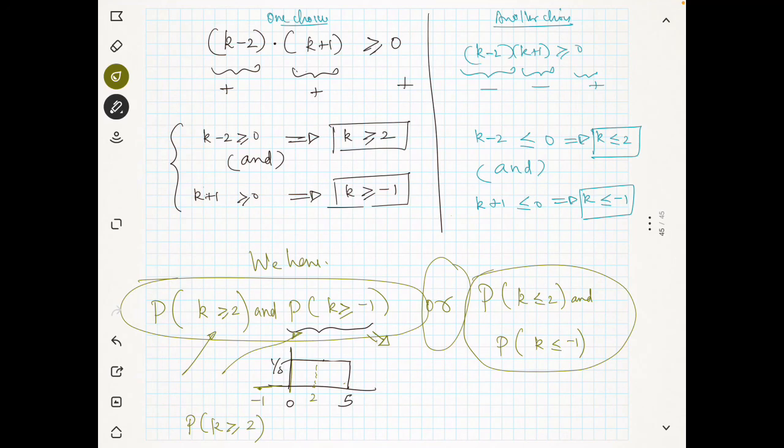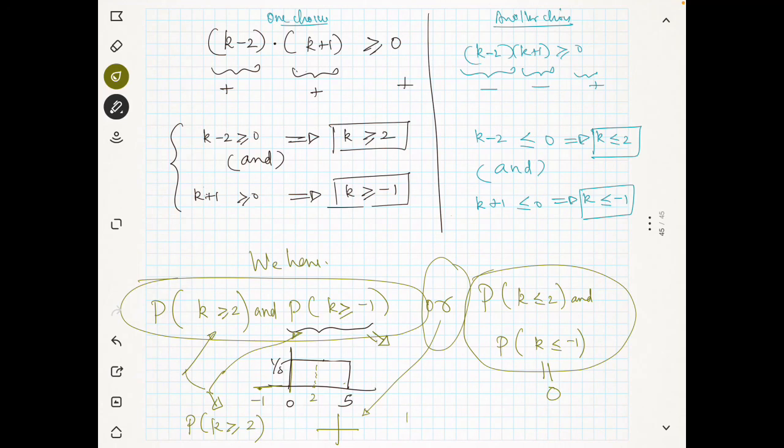The first is nothing but the probability that k greater than 2, because if k is greater than 2, then k greater than minus 1 is also satisfied. The second term never happens, because if k is less than minus 1, this probability is 0.